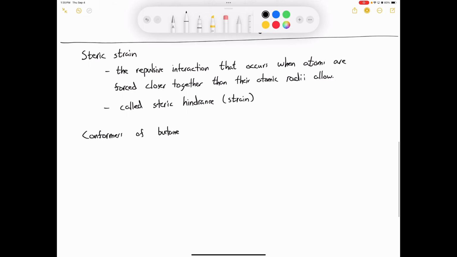We're going to draw our Newman projections as if we're looking down the 2-3 bond. We have 4 conformations.